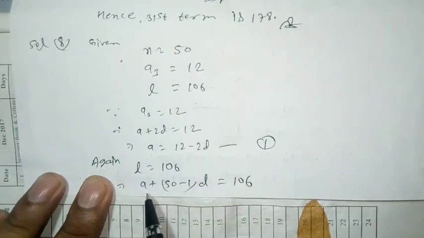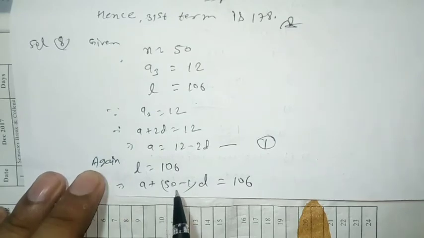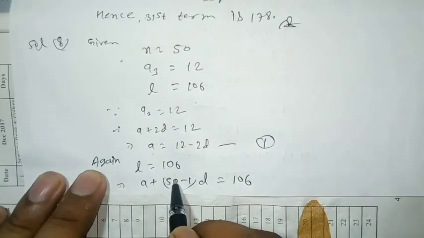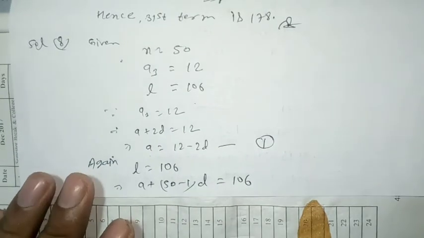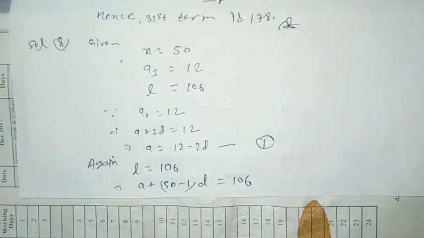So we write here on the place of N, 50. Now I am putting the value of A from equation 1.